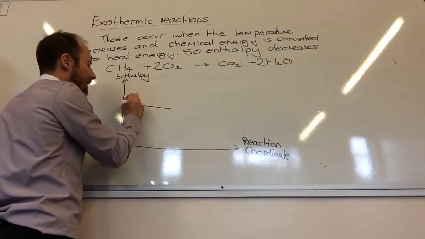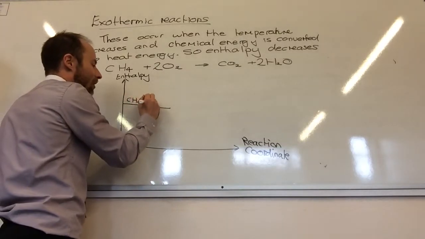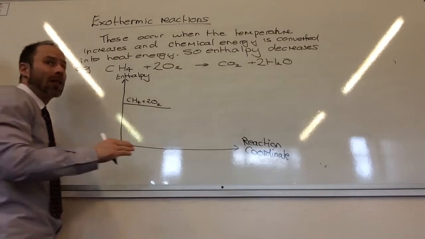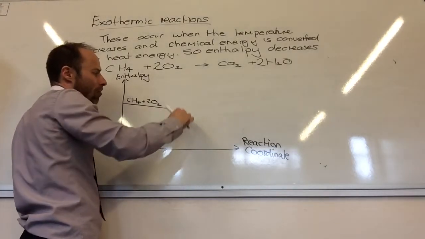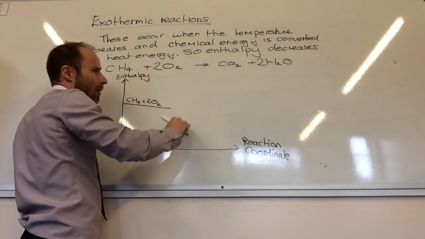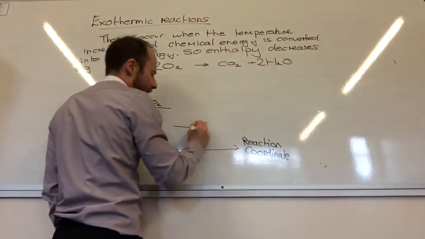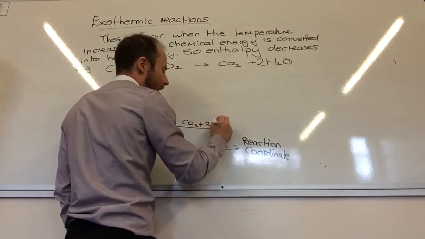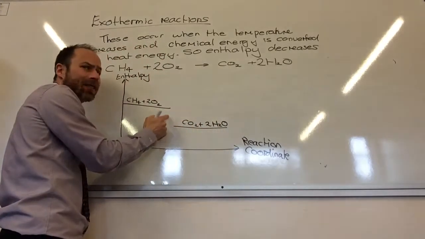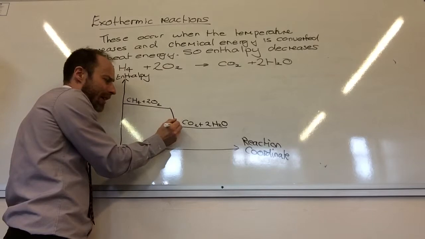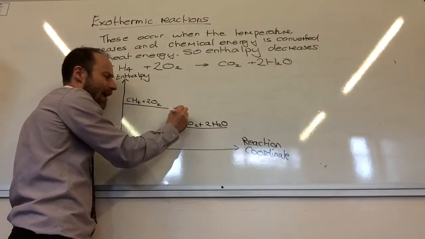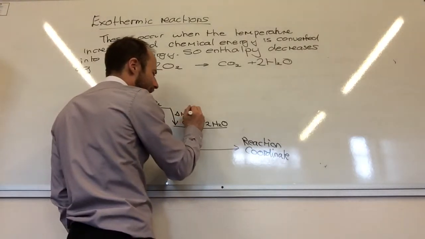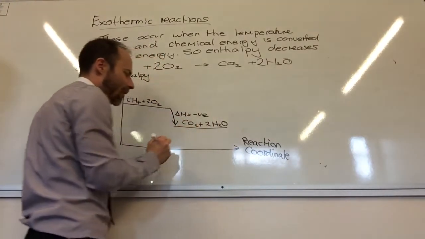My reactants are going to be CH4 plus 2O2. On my products, is the enthalpy of my product going to be higher or lower? Going to be lower, enthalpy is decreased. So that goes there. So this difference here, that going down, is delta H. And delta H is going to be a negative figure.